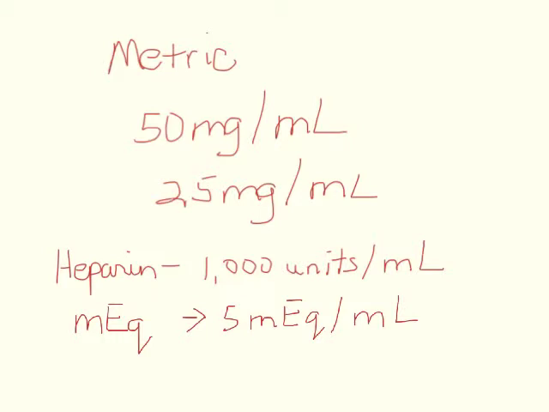Calculating the dosages of these are basically going to be the same. You're just going to have to pay attention to how many milliequivalents are ordered, how many units are ordered, or how many milligrams are ordered. If it's ordered in milliliters, then you need to pay attention to the dosage. Once you've drawn that up, are the milligrams an appropriate dose for that patient?